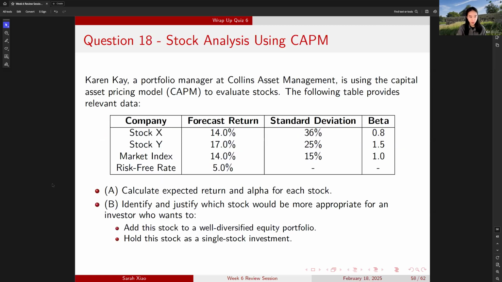All right, so the last one is question 18. So we want to calculate the expected return and alpha for each of the stocks given, and also identify and justify which stock would be more appropriate for an investor who wants to add this stock to a well-diversified equity portfolio or hold this stock as a single stock investment.